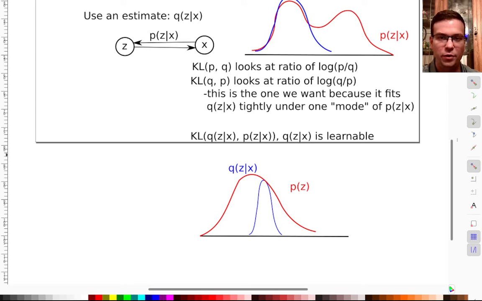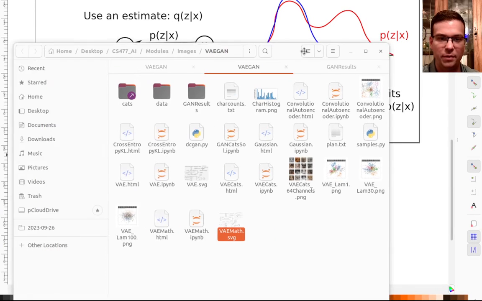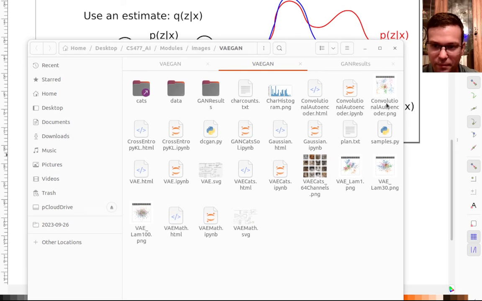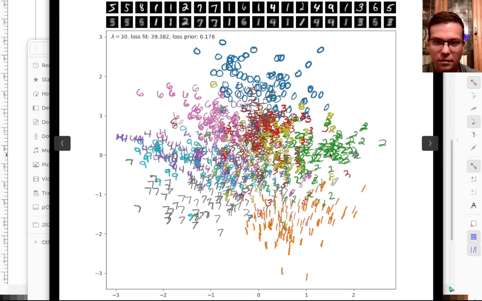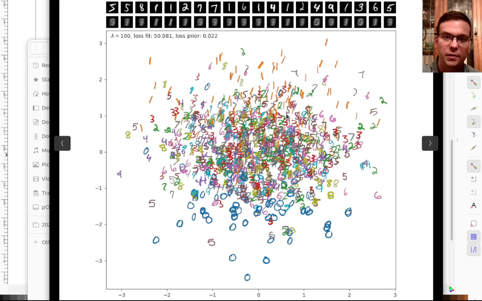And so that's when we go back to some of the examples that we had when I was looking at the digits, for example. That's why I kind of stayed underneath that blob. I didn't go too far away from the blob, especially when I really highly preferred to match that prior, when I really highly penalized a KL divergence that wasn't 0.